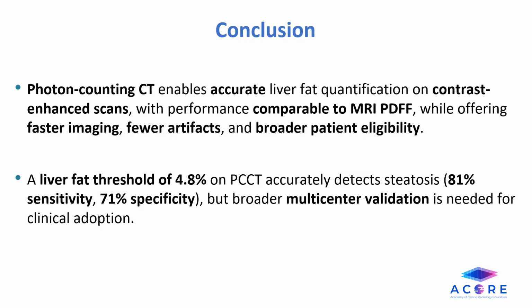But it has a lot of advantages, like it is fast, it has fewer artifacts, and it can have broader patient eligibility. So the key take home message is the photon counting CT has the potential to change how we assess liver fat in daily practice, moving us one step closer towards faster, non-invasive, and more accessible liver imaging.